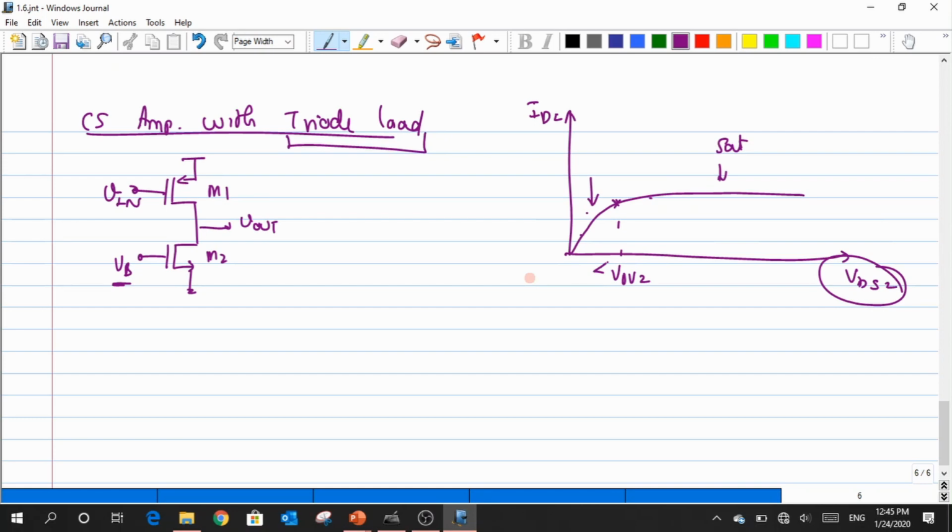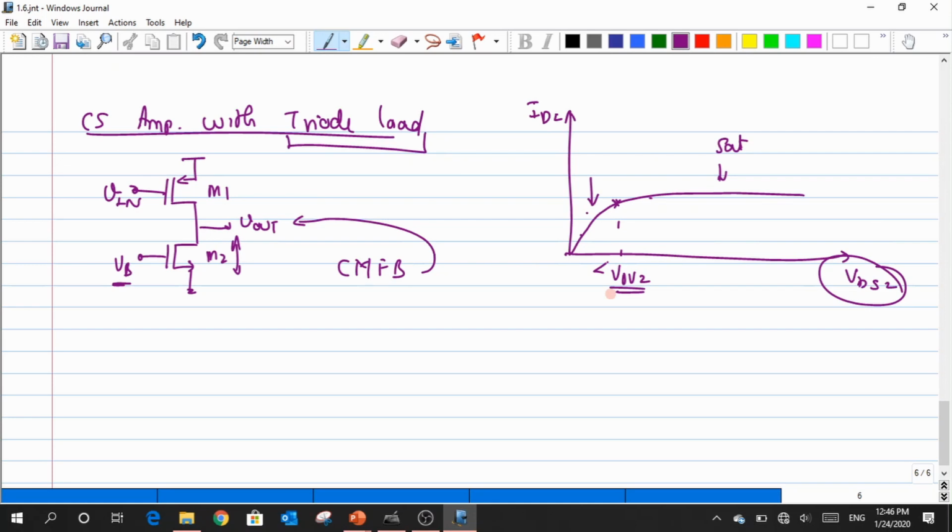External circuitry. Here again it is the same thing. Nobody else is there to control this because I'm connecting both the drains. The drain cannot control that particular quantity. So I need extra circuitry again in order to make the circuit operate. I need a common mode feedback kind of circuit which will help me define the Q point, or the VDS value, such that this VDS is always smaller than this VOV2. Otherwise it is not at all possible.